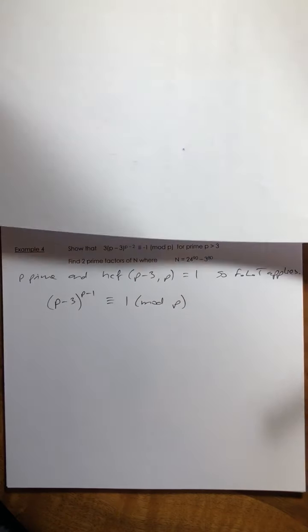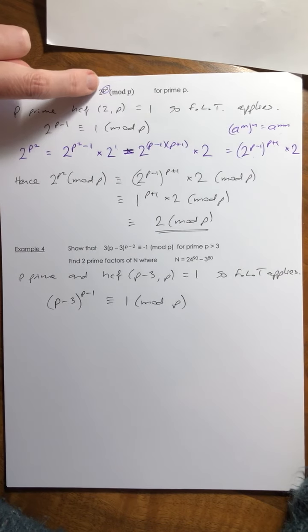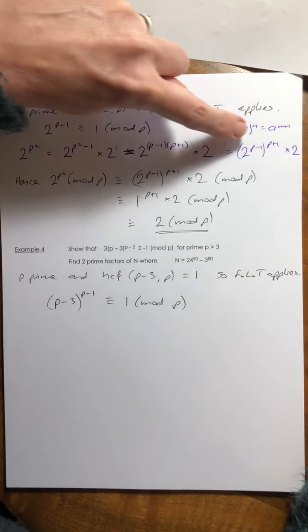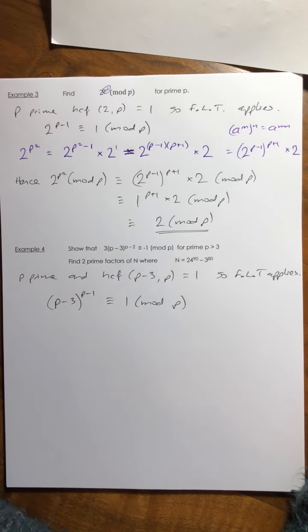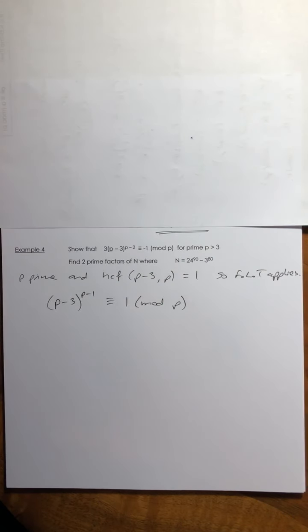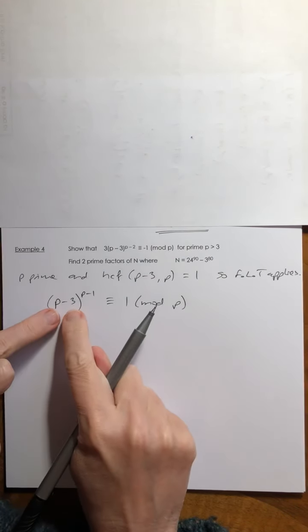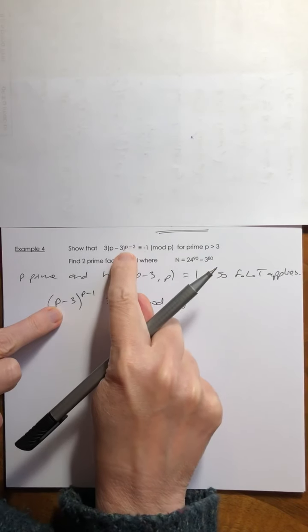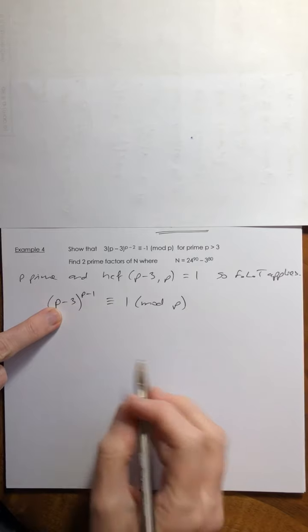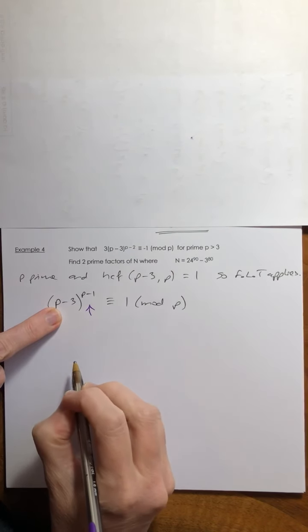I think what I did last time, I started with the 2 to the P squared and then got a P minus 1 in there. I think what I'm going to do this time is think about it the opposite way around, because I can instantly see what I can do to this to get me one step into there. I need to change this.